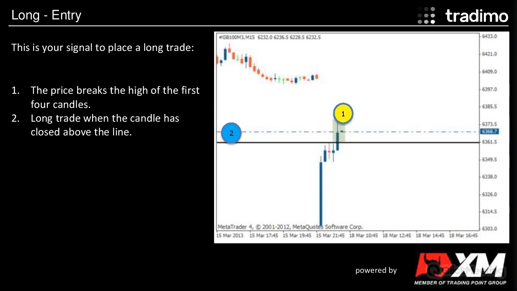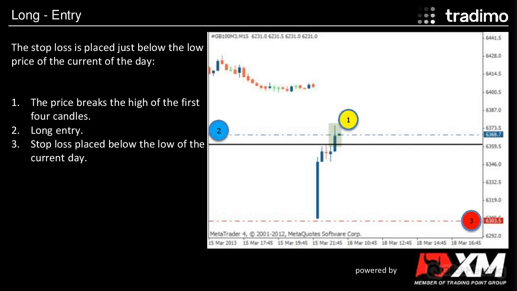This is only an example of what can happen: waiting at first for the four candles, then highlighting the horizontal line, waiting for the confirmation of the price, and then the price breaks the high of the first four candles, and you put the long trade in there.